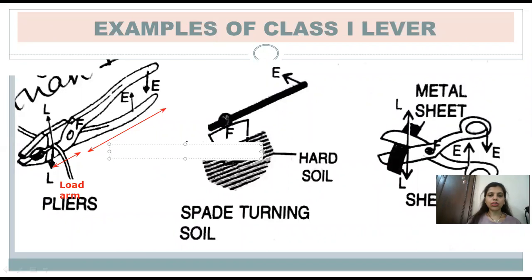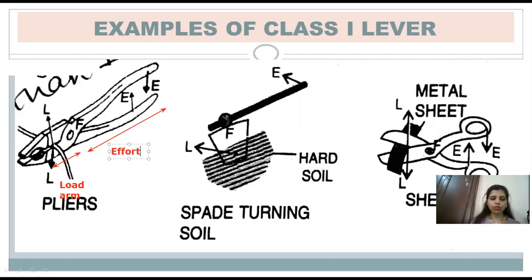So whenever you want to find the mechanical advantage, you will measure the length of the effort arm, you'll measure the length of the load arm, and then you will use the formula MA is equal to effort arm, I'm just writing it in short, upon load arm.